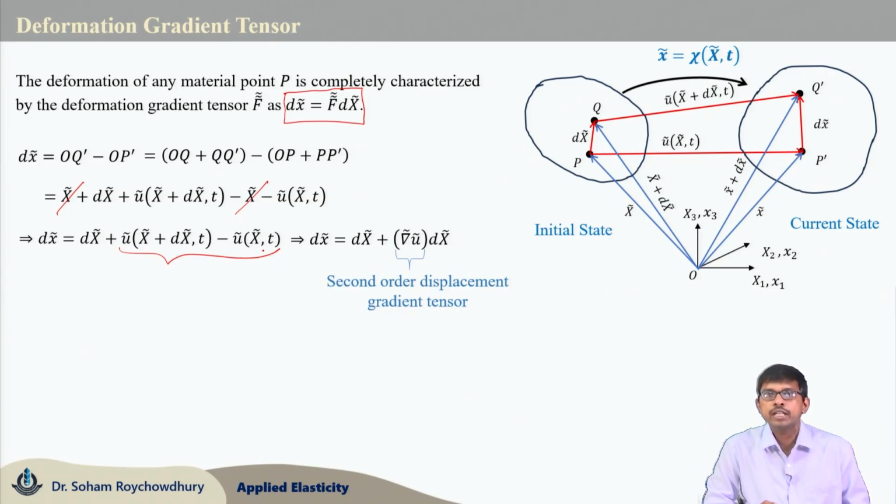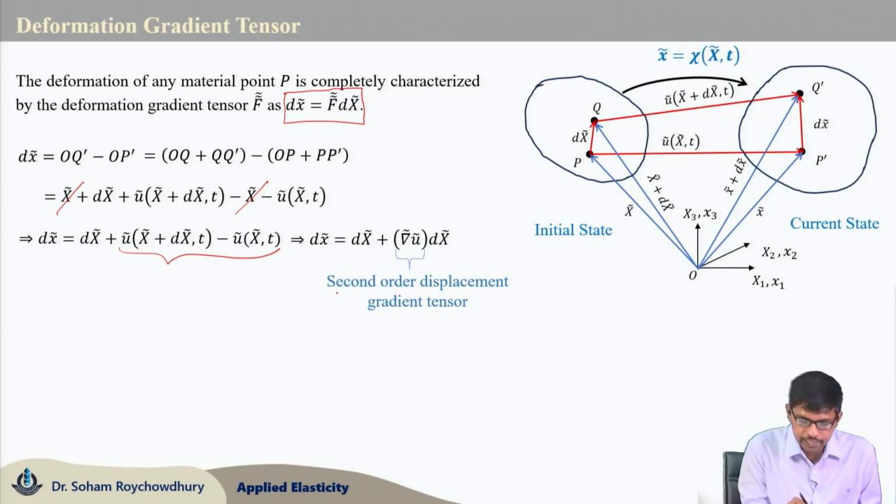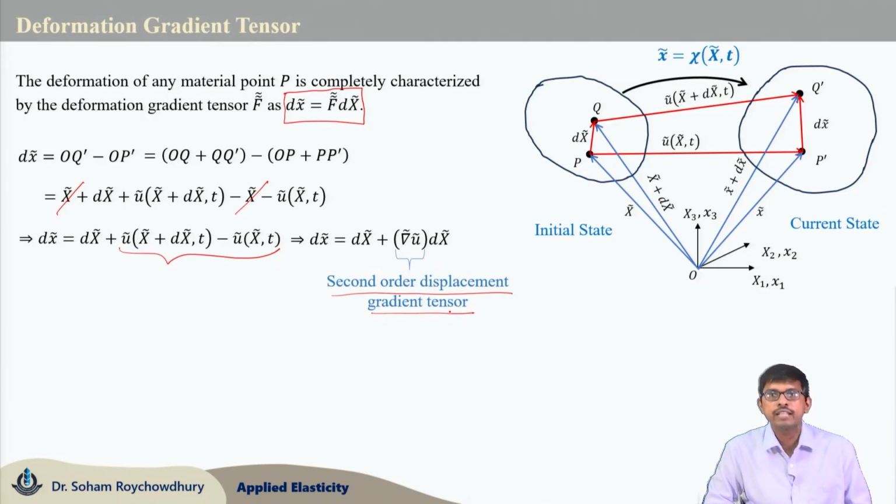So, by the definition of the gradient of a vector, which is a second order tensor that we are naming here as the displacement gradient tensor, this expression can be written as dx equals dX plus grad u acting over dX.